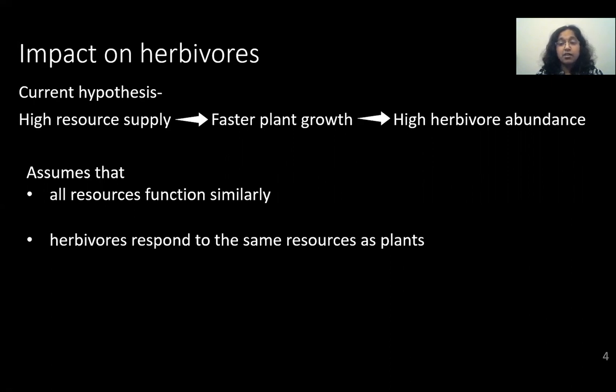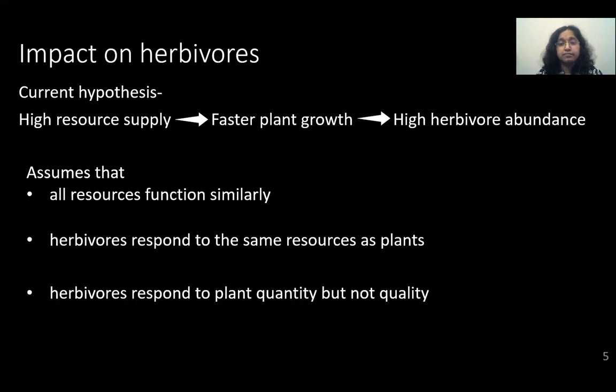Alternatively, plants are not limited by sodium supply, whereas herbivores have been shown to feed preferentially on plants rich in sodium. Finally, it also assumes that herbivores mostly respond to plant quantity, but evidence suggests that herbivores can select diet rich in certain resources. Given these various possibilities of plant and herbivore responses to resources, we need a multifaceted approach to understand the impact of resources on herbivores.